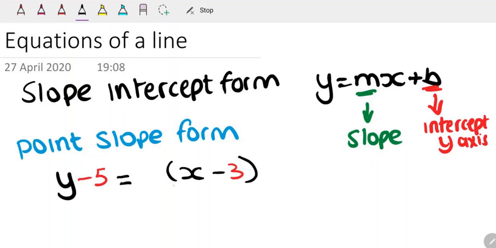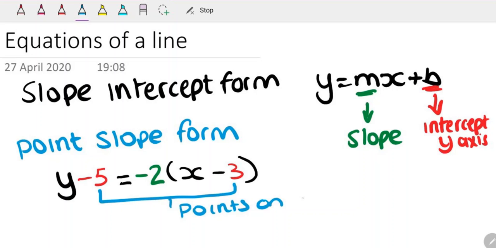And then we'd have the gradient in there as well. So that could be like -2. So these points here, these will be the points on the line.